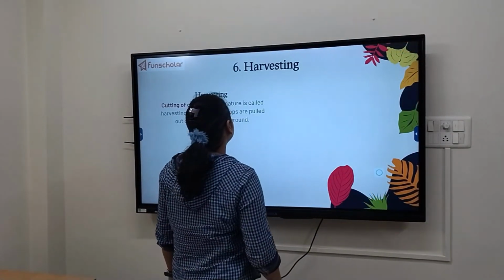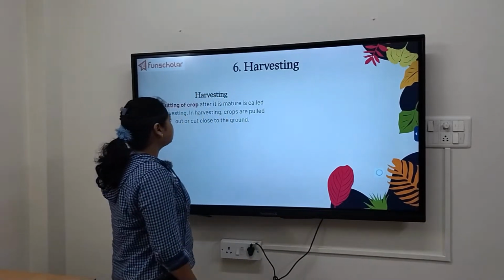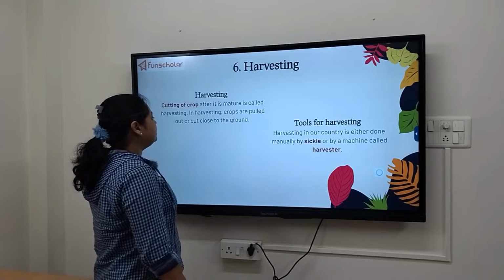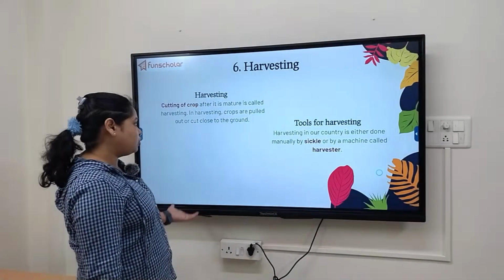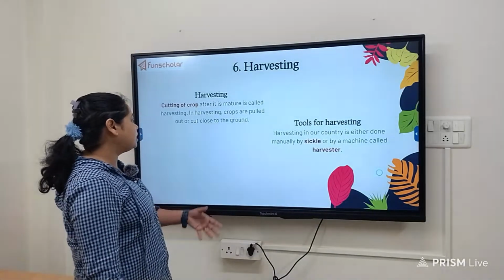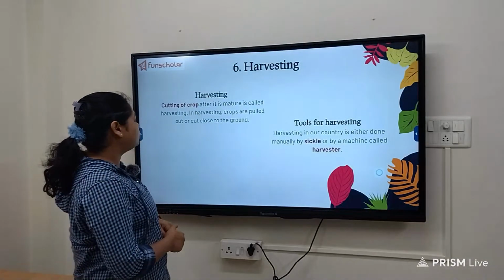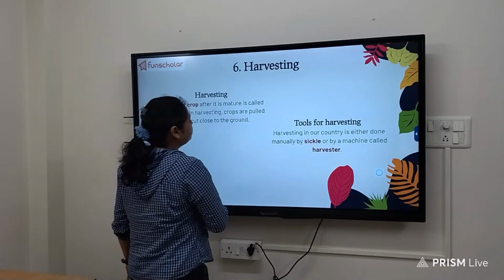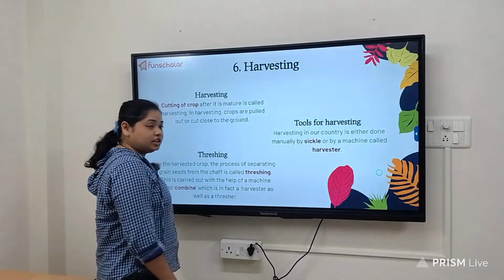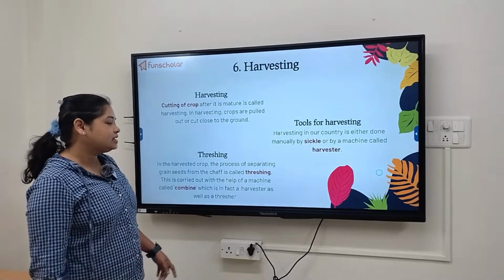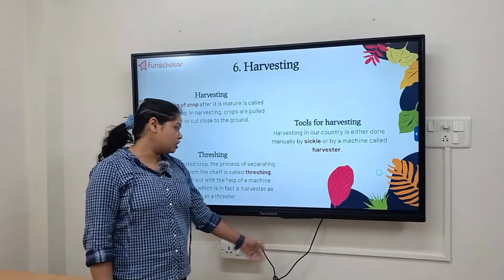Now the next step is the harvesting, that means cutting of the crop after it is mature, and as told in the video also, it can either be uprooted or it can be cut very close to the ground with the help of agricultural implements like a sickle, or with the help of machines such as a harvester or combine.